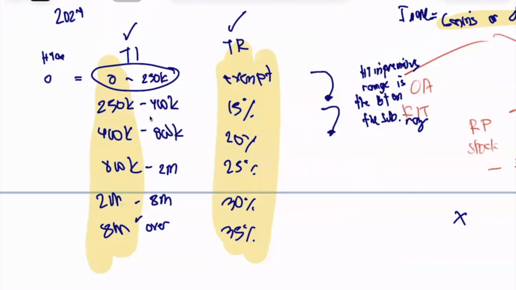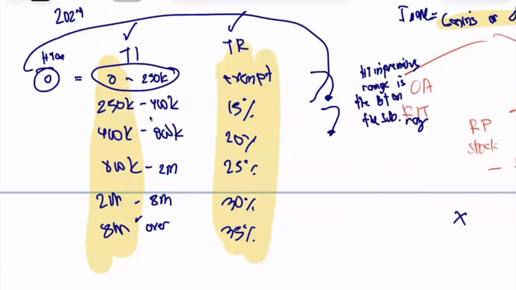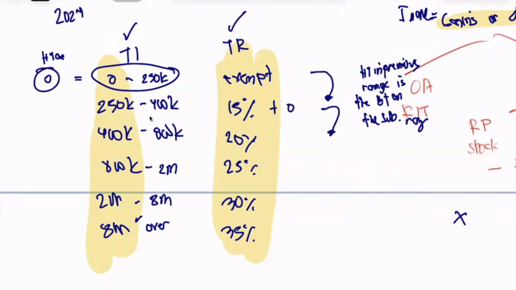So, anong highest tax nito? 0. Itong 0 na to, pupunta as the first tax base. So, this is 15% plus 0. Now, let's compute the highest tax here. Magkano uli yung tax ng 250? Ang tax ng 250 ay 0. Tama. So in short, ang itatax mo na lang dyan ay 150,000.